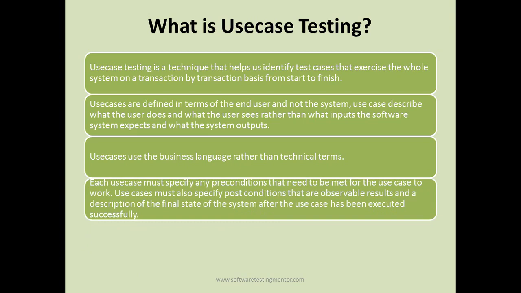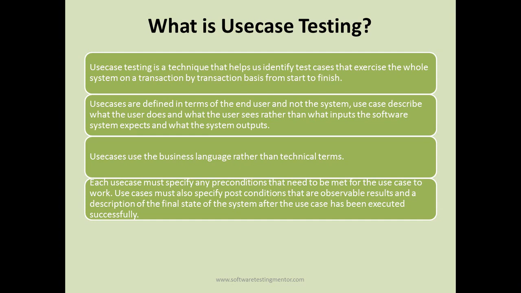Each use case must specify any preconditions that need to be met for the use case to work. So if there are any preconditions that have to be set, then those have to be specified. A use case must also specify any postconditions or observable results, and a description of the final state of the system after the use case has been executed successfully.